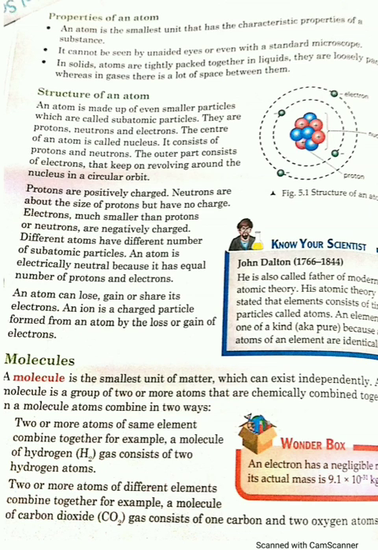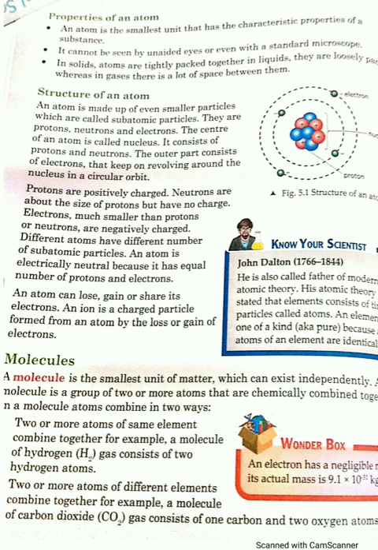In other words, solids have a high force of attraction, liquids have less force of attraction compared to solids, and gases have very little force of attraction, due to which they have a lot of space between the particles, and the particles move randomly here and there. So I think the properties of atoms are clear to you.